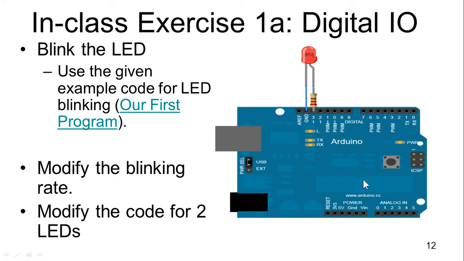Okay, let's do our first program, the program which I just showed you. We can use this LED connected to pin number 13, but there's already a built-in LED on the board that will blink with our program, or we can put an LED directly on the pin and see the effect.